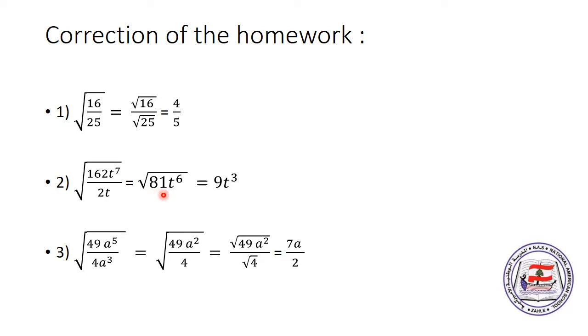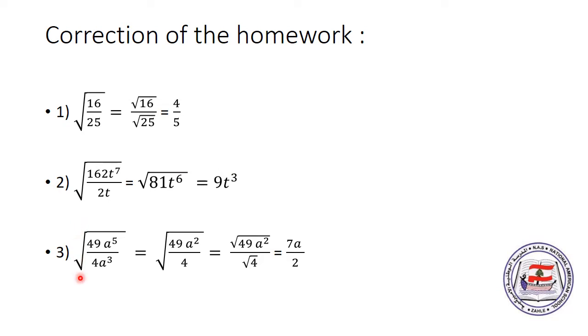Again, 81 is a perfect square of 9. t to the power 6 can be reduced into t to the power 3, since every even exponent should be divisible by 2. So the final answer is 9t cubed.